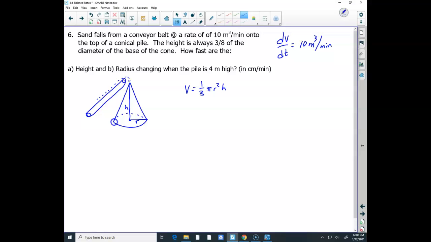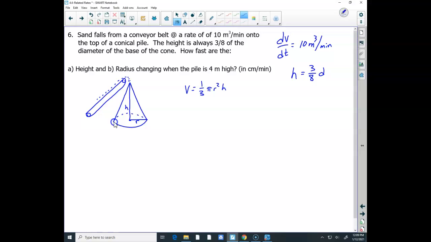The height, this is a special relationship in a cone, the height is always 3/8 of the diameter of the base. So I know my height equals 3/8 of the diameter. Now, this is going to change for all cones. It's not the same thing for all cones, but in this particular cone, for this particular grade of sand, the height is always 3/8 of the diameter.